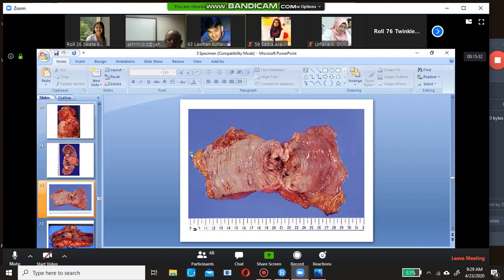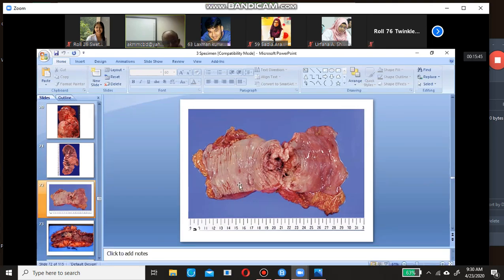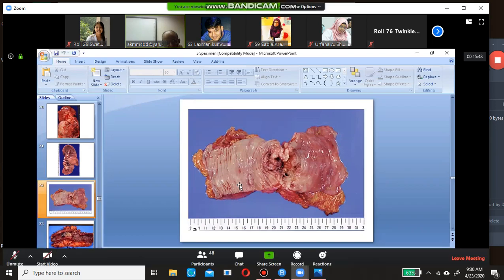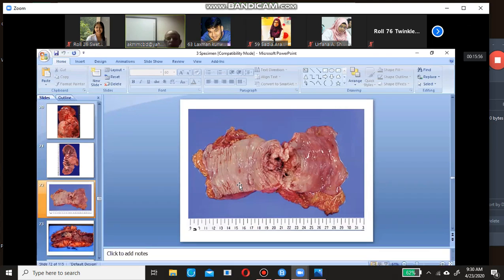You see, it is a long tube-like structure. Most probably it is colon. Other than colon, what might be? Rectum. Okay, it might be rectum. Colon and rectum are almost the same. Then it can be small intestine.